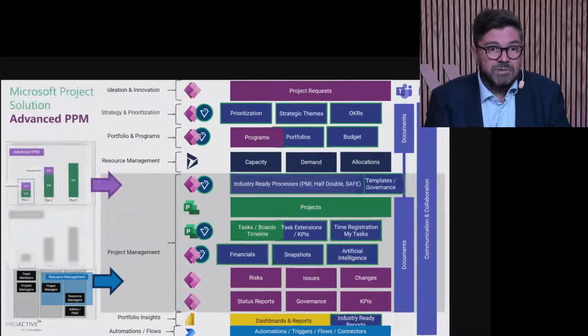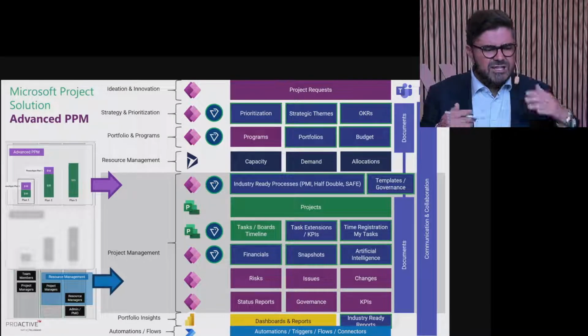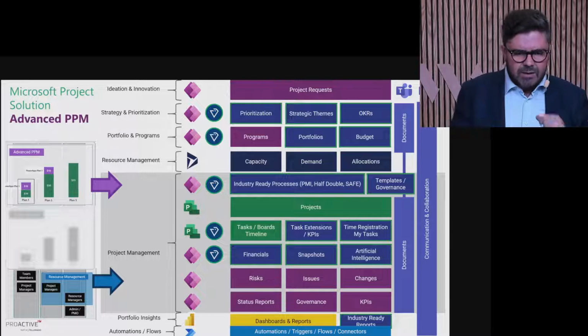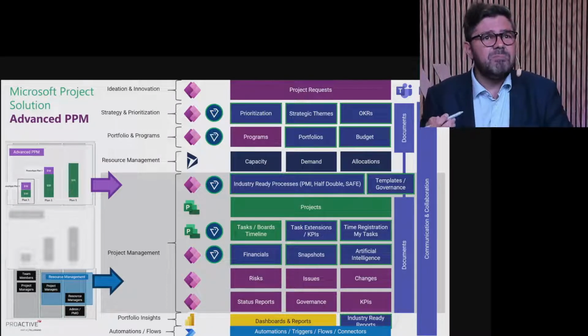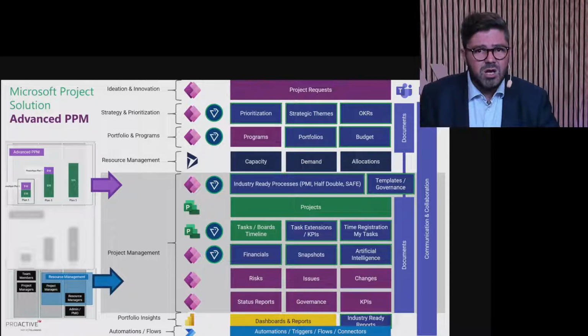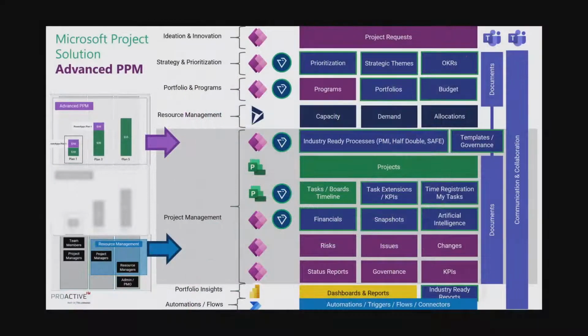Now, the final scenario, which is the Advanced PPM. In the Advanced PPM, basically you can add extra components, and this will naturally be happening within your solution. So you're going to be learning that at some point you would like to apply some strategic objectives and key results methods.